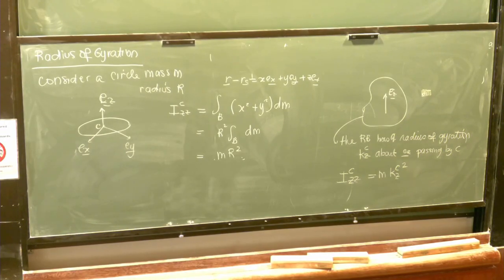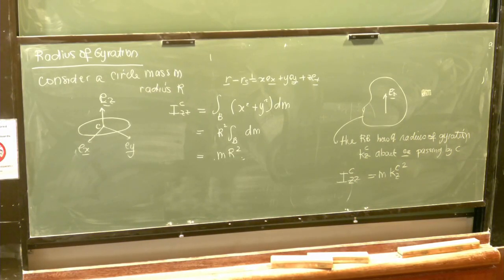Yes, exactly. It's kind of saying that this randomly shaped object has a moment of inertia about e_z passing by C that is equivalent to some hoop with the same mass as the rigid body, but with radius equal to the radius of gyration. It's kind of drawing an equivalence between the two. So instead of reporting the moment of inertia, sometimes they report the radius of gyration.